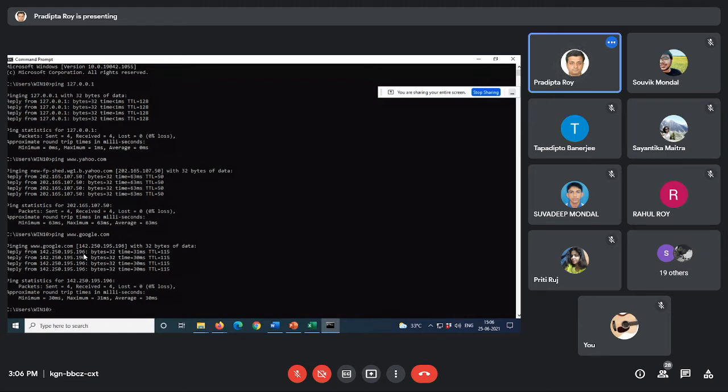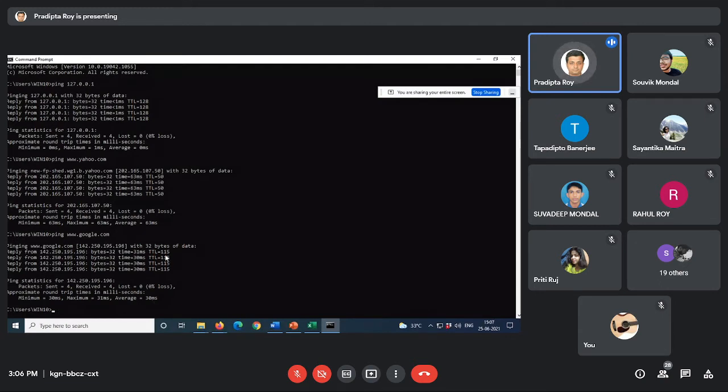And what is the time duration between transmitting the packet and receiving the acknowledgement? That is 31 milliseconds for the first packet, and then 30 milliseconds for the rest of the packets. So the minimum time is 30 milliseconds, the maximum time is 31 milliseconds, and the average time is near about 30 milliseconds. Actually it should be about 30.25 milliseconds.